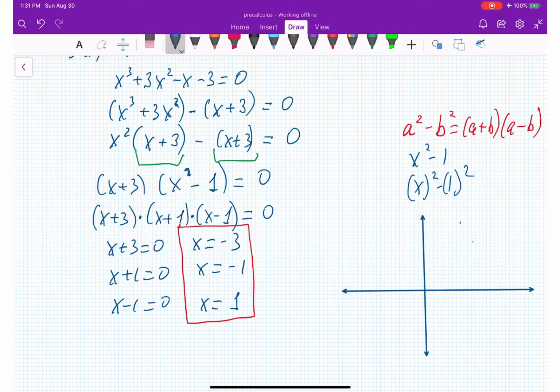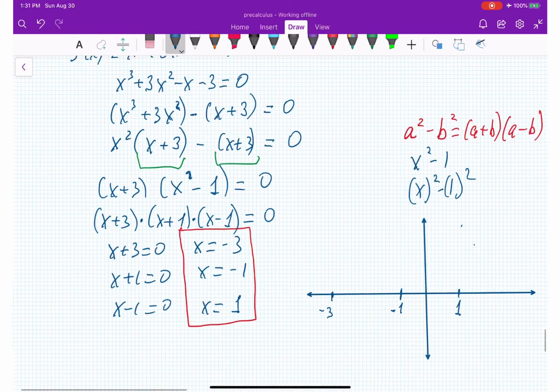If this is my 1, negative 1, this is my positive 1, and this is going to be somewhere here. Negative 3.